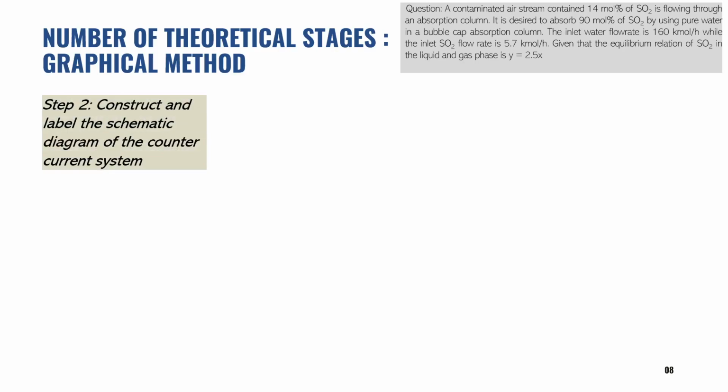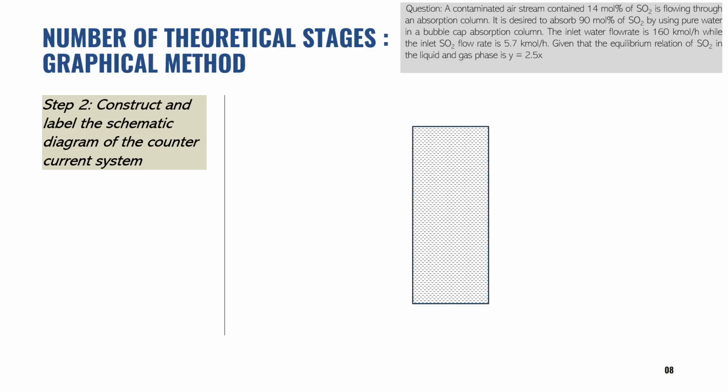Okay, the next step is to construct and label the schematic diagram of the counter current system so that we have an idea what component is going into the system and how much of each component is going out from the system. Assuming we have a vertical absorption column, the gas stream enters the column at the bottom, and this gas stream is a mixture of air and SO2.